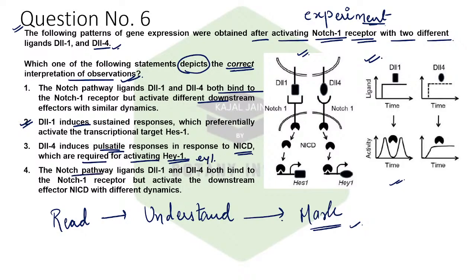Then you have the option that notch receptor ligands D21 and D24 both bind to the notch receptor but activate it with different dynamics. It might look difficult, but it's very simple if you analyze the graph properly.